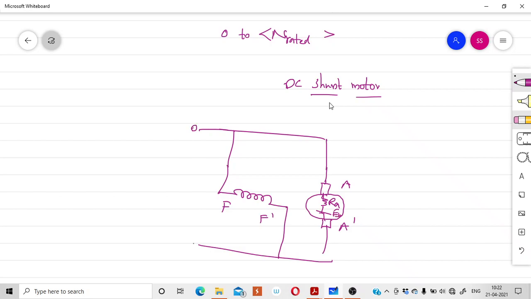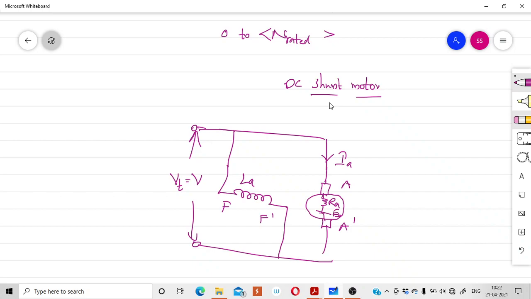Our terminal voltage is VT, or we will represent it as V, and the armature current IA, back EMF EB, and RA is the armature resistance.